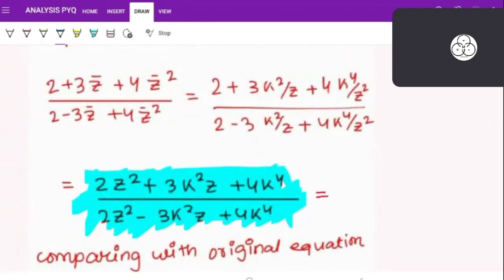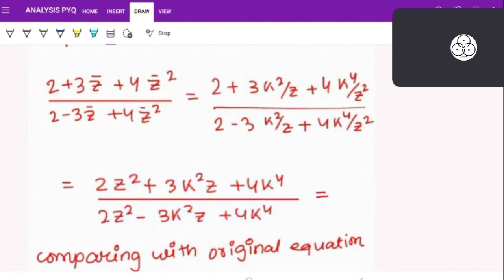Here it's 2. So let us do a simple thing. Let us multiply the whole expression by 2, because these two are the same. Now let's compare again. What will we get? We will get this expression.